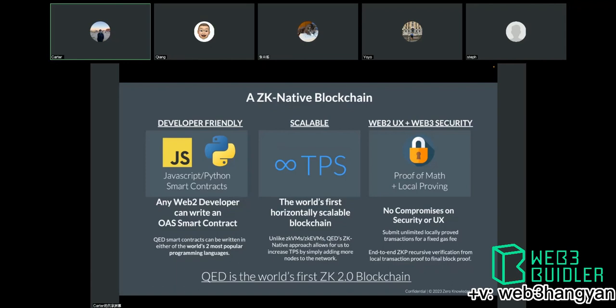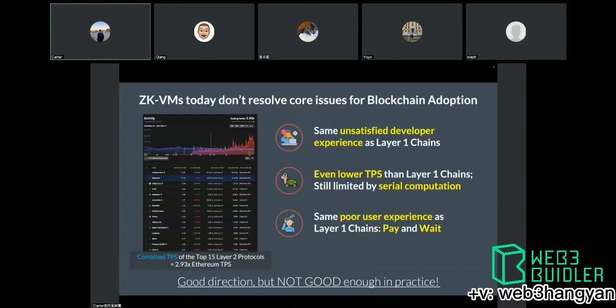Ideally, we want to allow users to prove their transactions locally, as many as they like, and only pay a fixed gas fee. Also on the scalability end, which we won't go into too much today but will touch on a little bit, we want to offer a fully horizontally scalable solution for our developers.